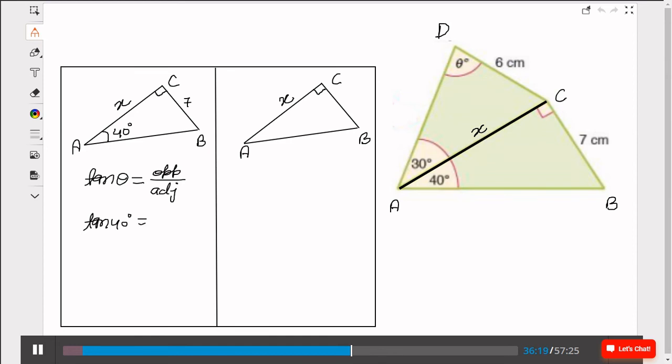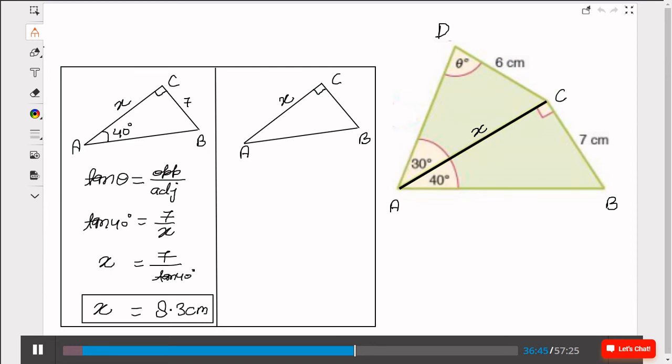8.34, say 8.3 centimeter. Now let's apply the rule that we are learning right now. You can still apply that because the given triangle has the angle here, that is 40 degree. This is 7 centimeter given to you. So we have to deal with the side a according to the sine rule and the side b. First of all we need the angle B at least here. That can be obtained easily. 90 plus 40 is 130, and if you subtract it from 180 you get 50 degree.